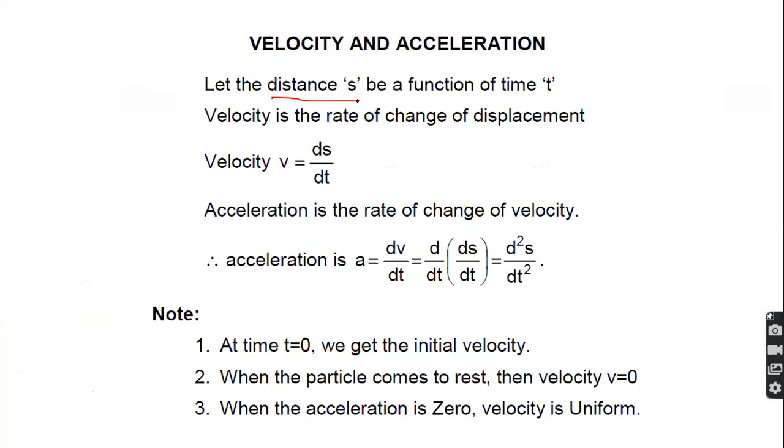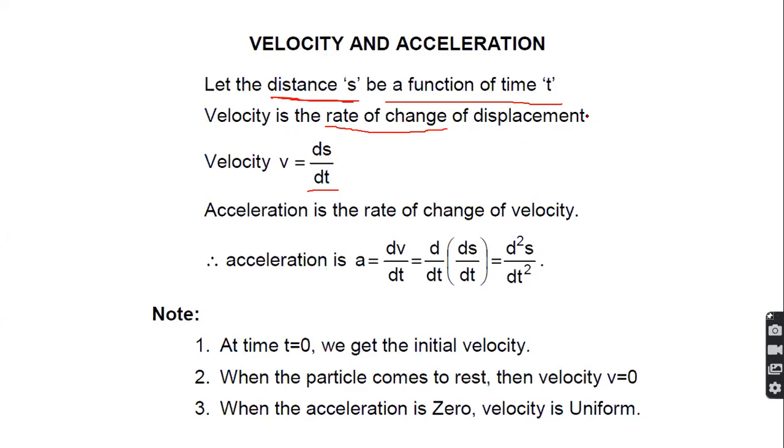In case distance, denoted by s, is a function of time t, velocity is the rate of change of displacement. Rate of change of displacement s means differentiation, that is, the derivative with respect to time t.